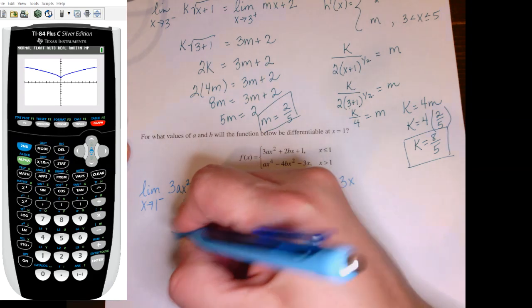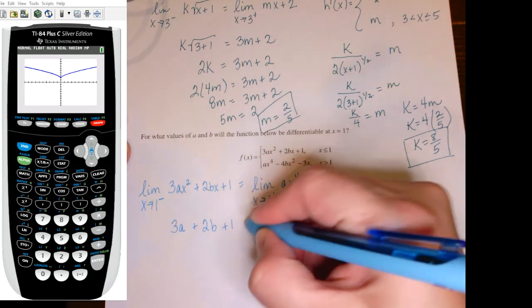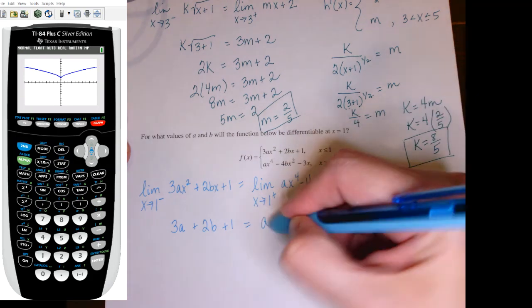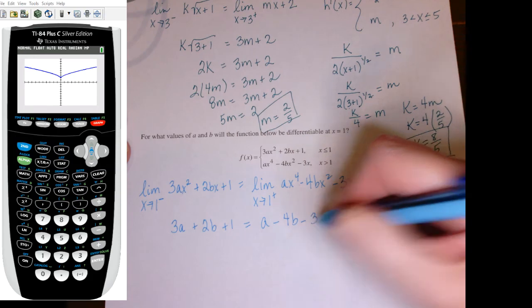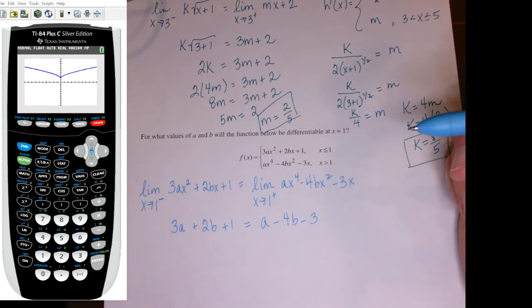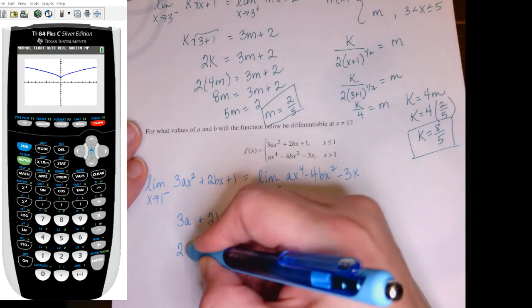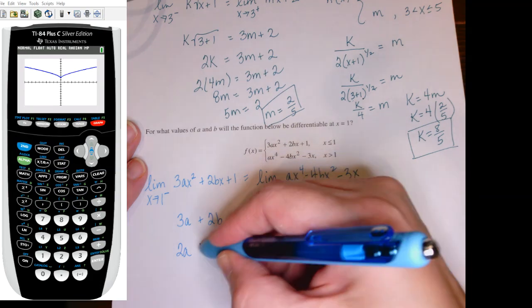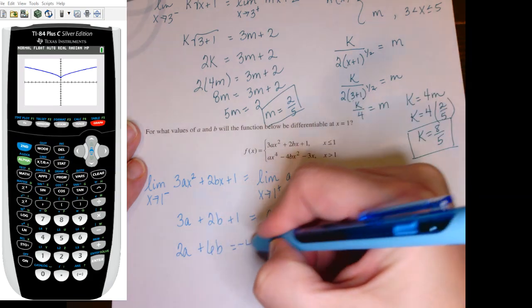That's going to be giving me 3a plus 2b plus 1 equals a minus 4b minus 3. Now, just to get ready, I like to go ahead and get all of my a's and b's on one side. So we'll subtract the a, and we'll add the 4b, and then I'm going to move the 1 over here.